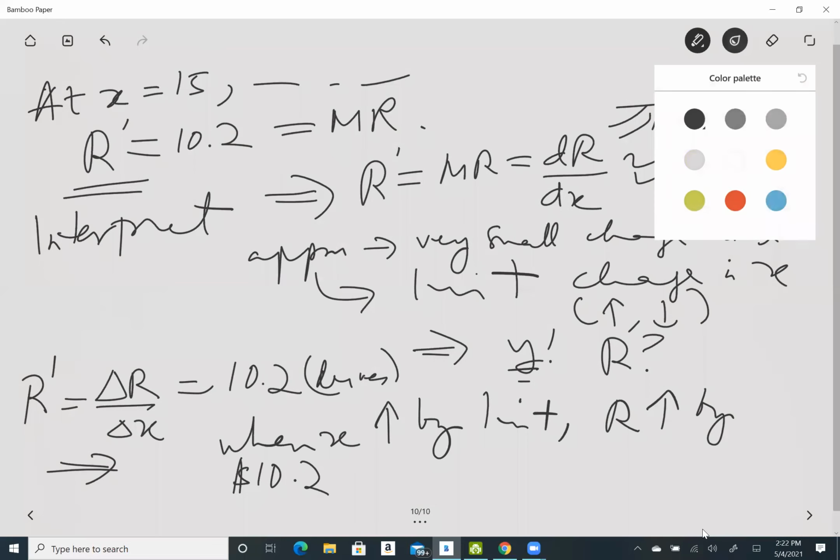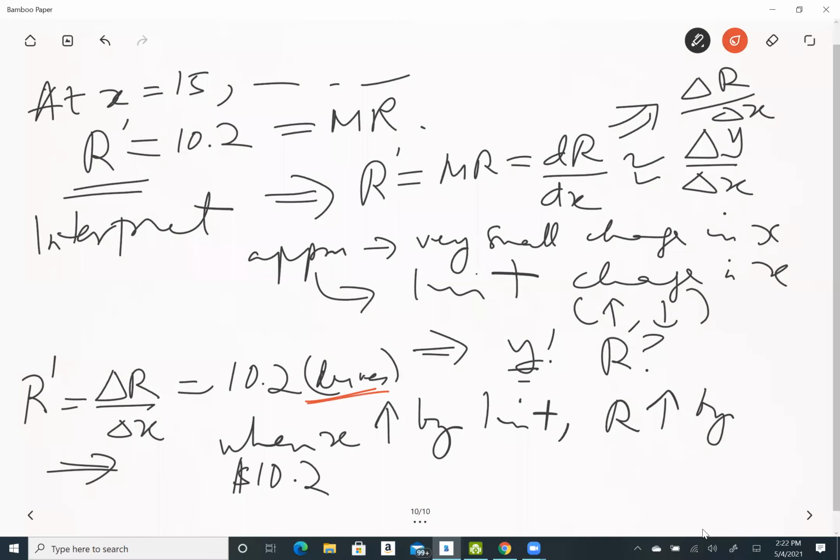So we describe it in terms of the specific output or good, here a flash drive. Sometimes in application it's good to say when you produce 1 more unit of drive, revenue will increase by $10.2. Or you can just say when the number of drives increases by one unit, the revenue will increase by 10.2.